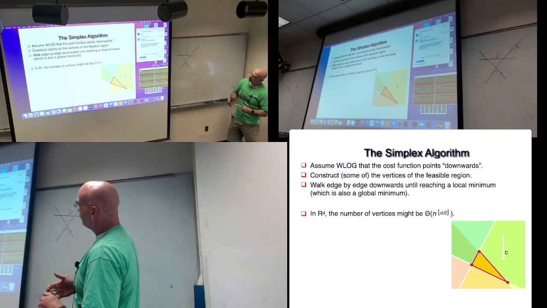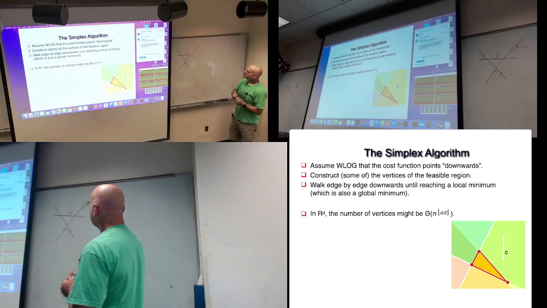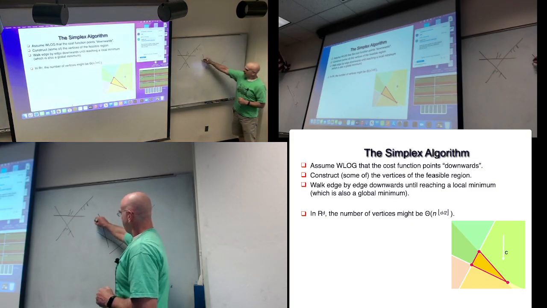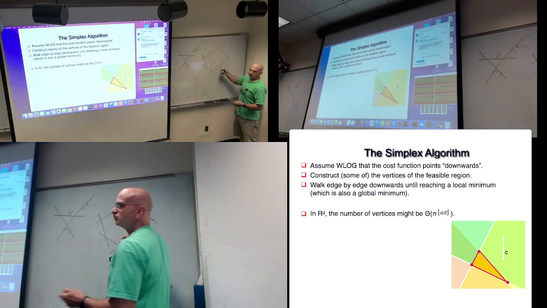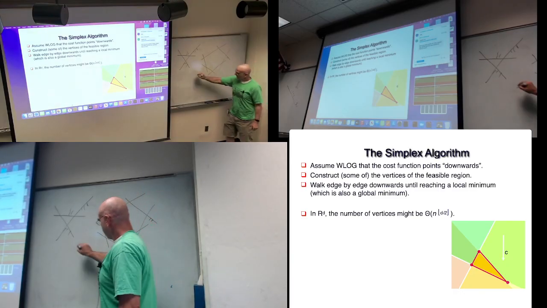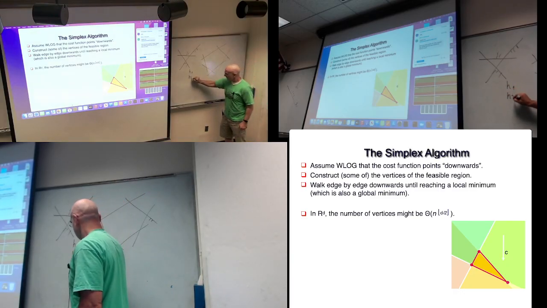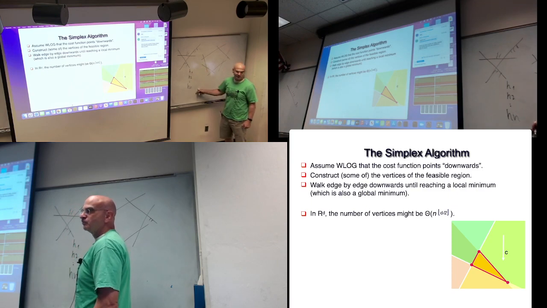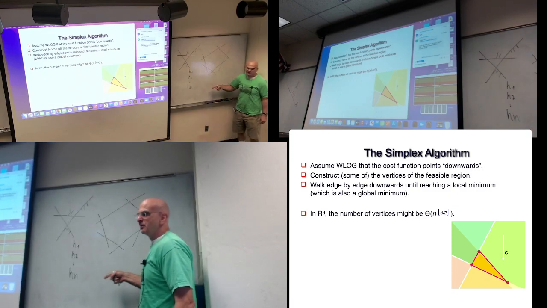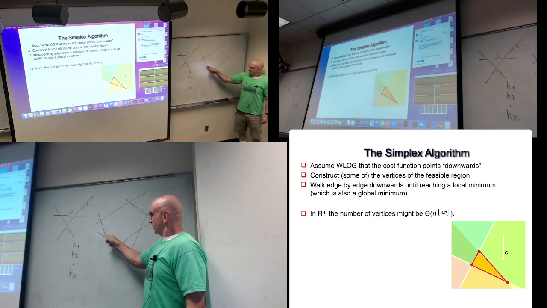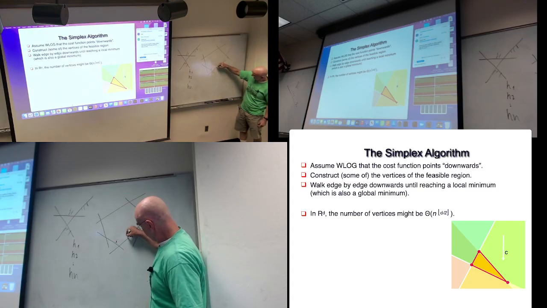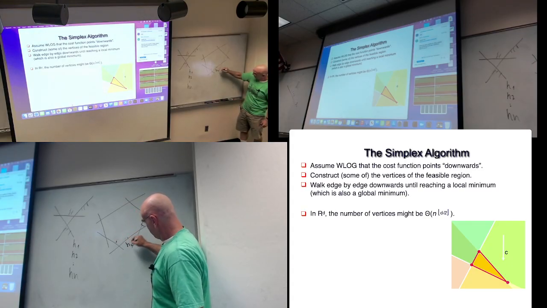Why do we have to? How many vertices can we generate in the feasible region in 2D? How many vertices can I have if I have the half planes H1, H2, dot, dot, dot, Hn? If I have only n half planes, how many edges can I generate? Not too hard. Here is one that belongs to one half plane. Another one belongs to another half plane. Another one belongs to H3.